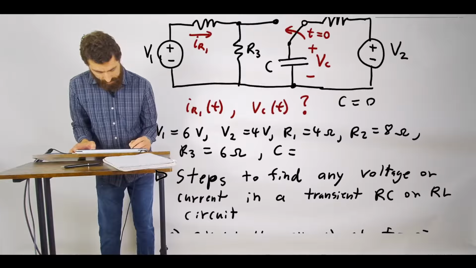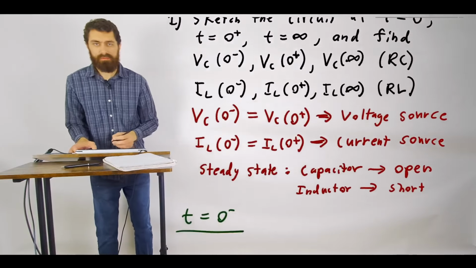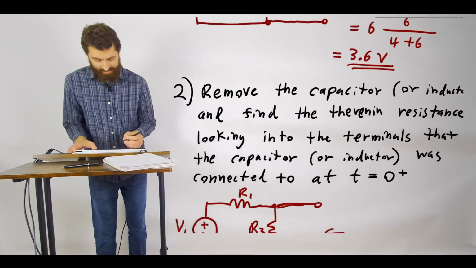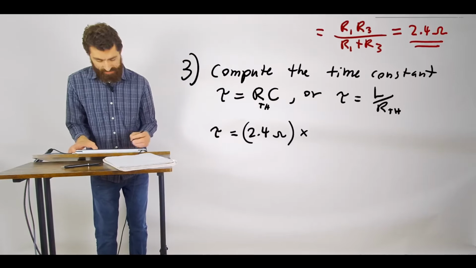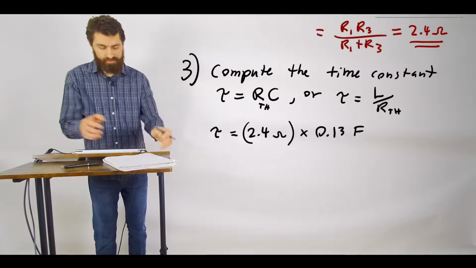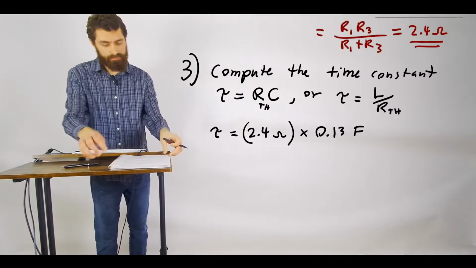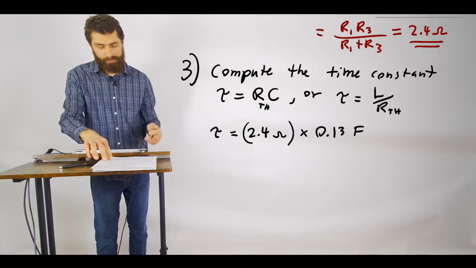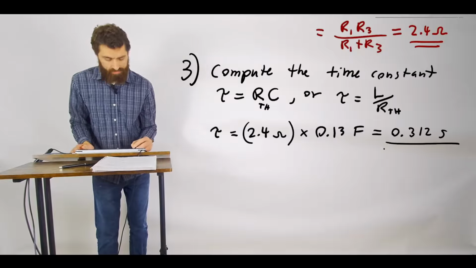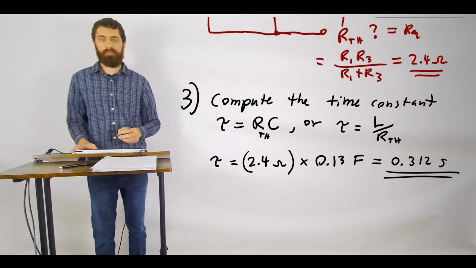C is equal to 0.13 farads. Actually in real life, that's a very large value, but for our example, it should be fine. So 0.13 farads. And that should give you 0.312 seconds for the time constant.